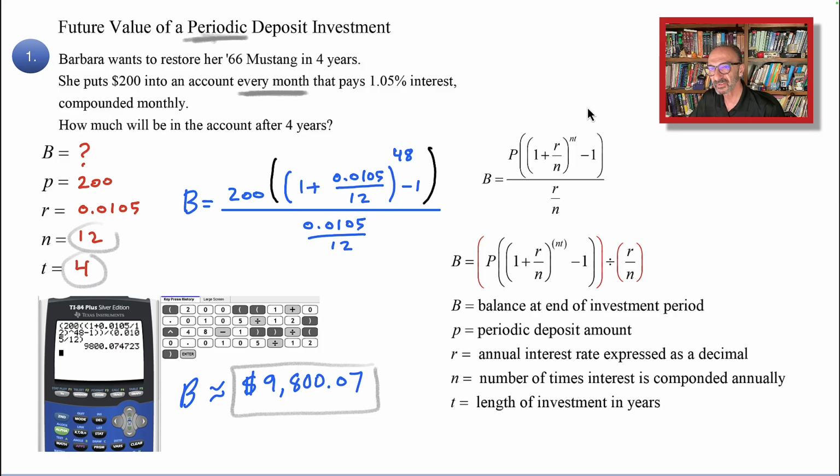That's the power of investments and retirement plans. But this is only 4 years. Imagine if you do that for 20, 30 years. So that's number one. Let's move on to number two.